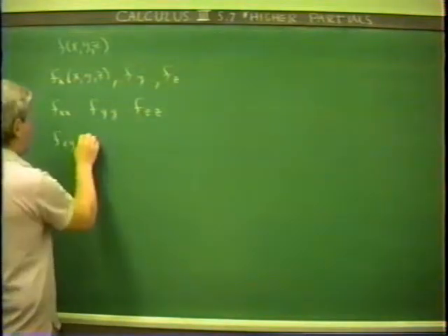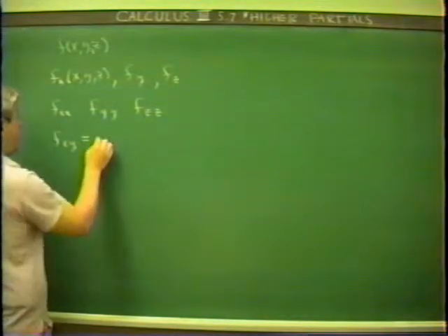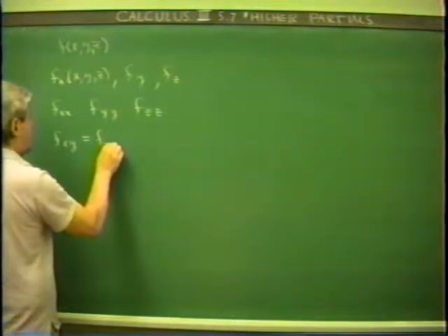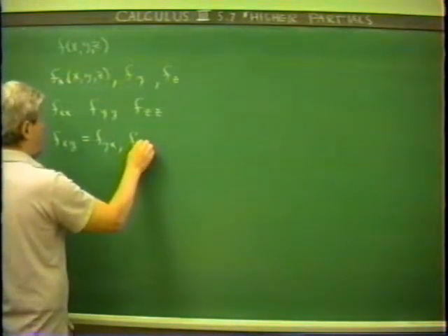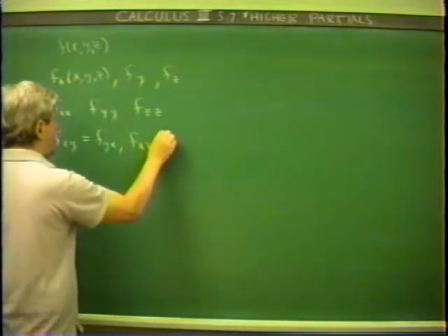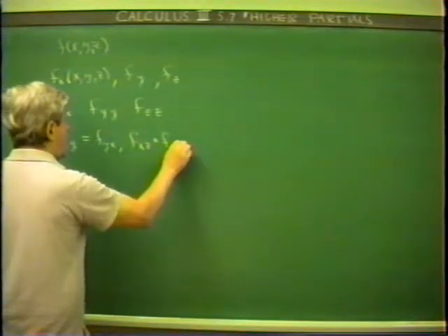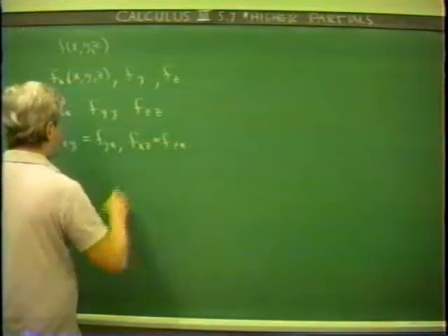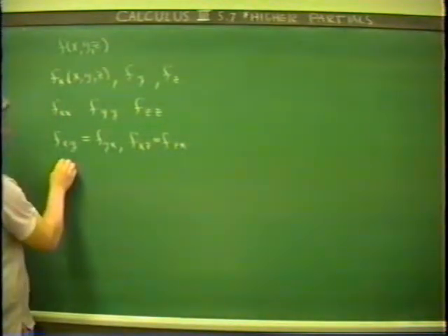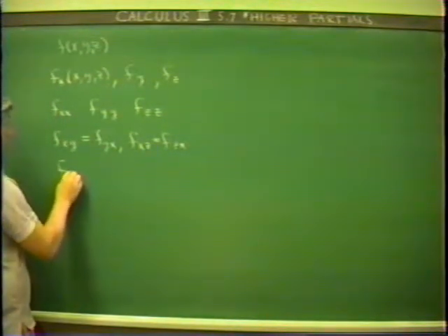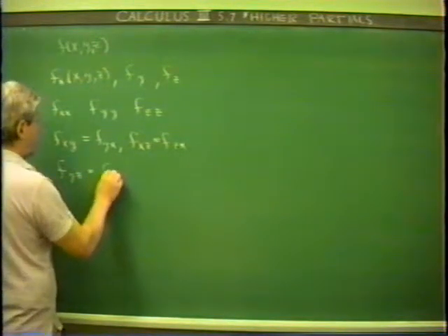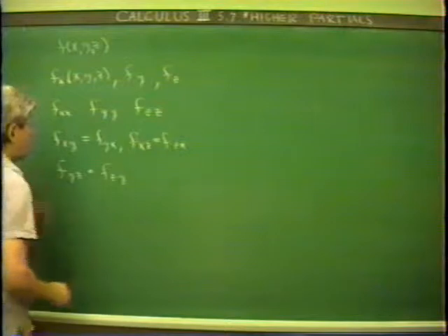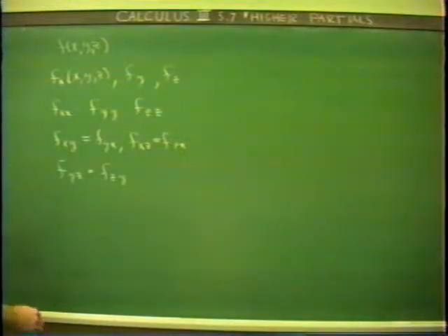And there are the mixed partials, fxy, and this, as for functions of two variables, is going to be equal to fyx. You've also got fxz, which is going to be the same as fzx, as long as we've got continuity, for example, and fyz, which is going to be fzy.